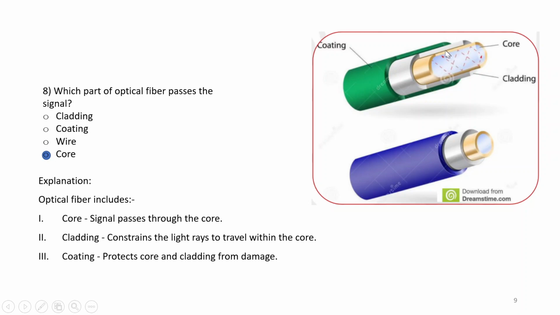Then after that there is a cladding which constrains light rays to travel within the core, and then there is coating which protects core and cladding from the damage.